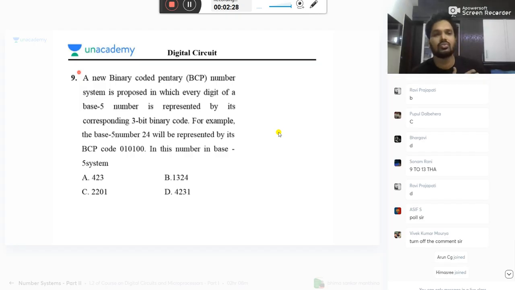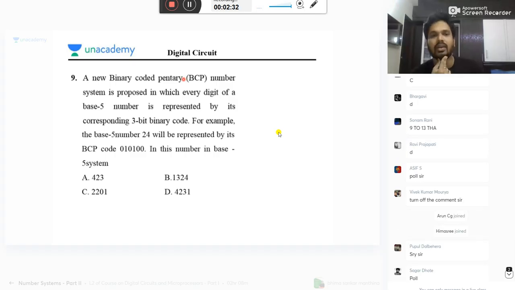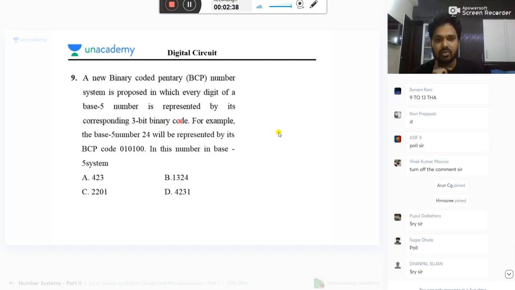Okay. So let's start with this question. A binary coded pentary number system is proposed in which every base 5 number is represented by its 3-bit corresponding binary code. For example, 24 is represented as 010 100. Now, the examiner question is, in this number system, what is this number?